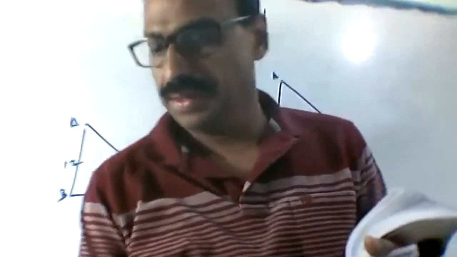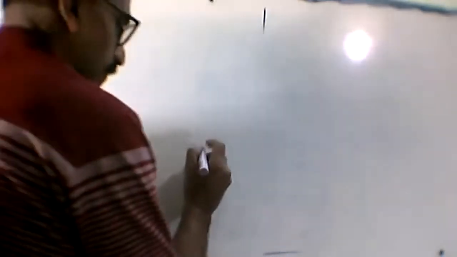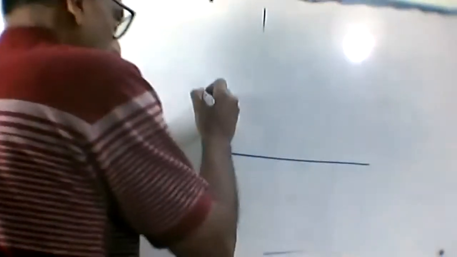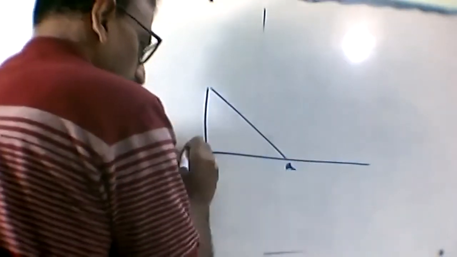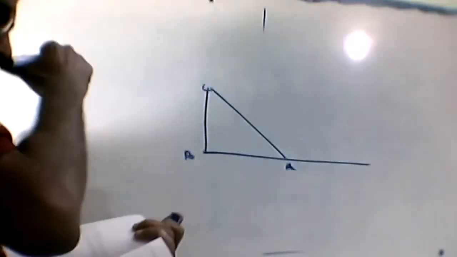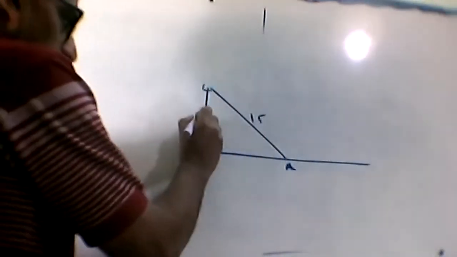This question, look at here. If you have doubt, look. This is the street. First, here, A, B, C. A ladder 15 meter long. This is 15 meter long. Here reaches 9 meter.